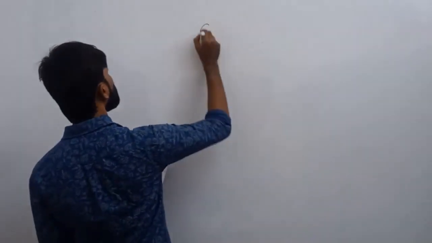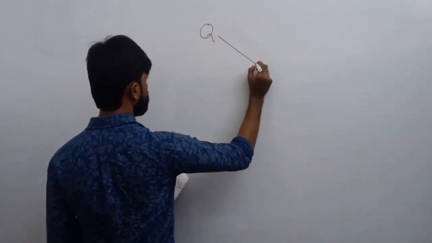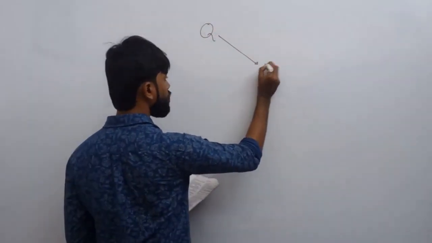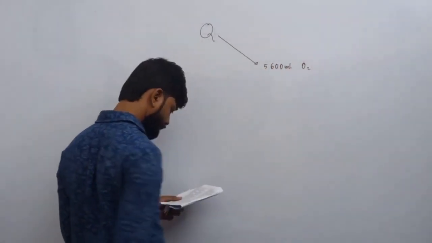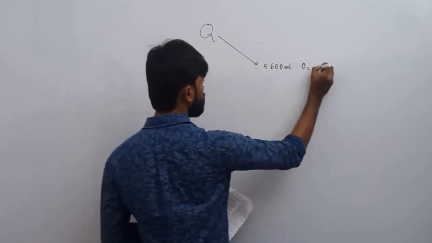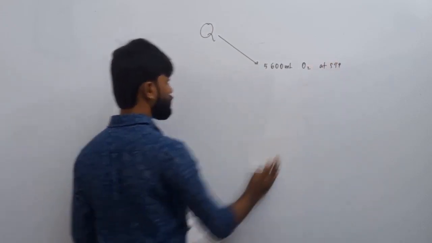So you have a quantity of electricity Q which is able to displace 5600 milliliter oxygen at STP.